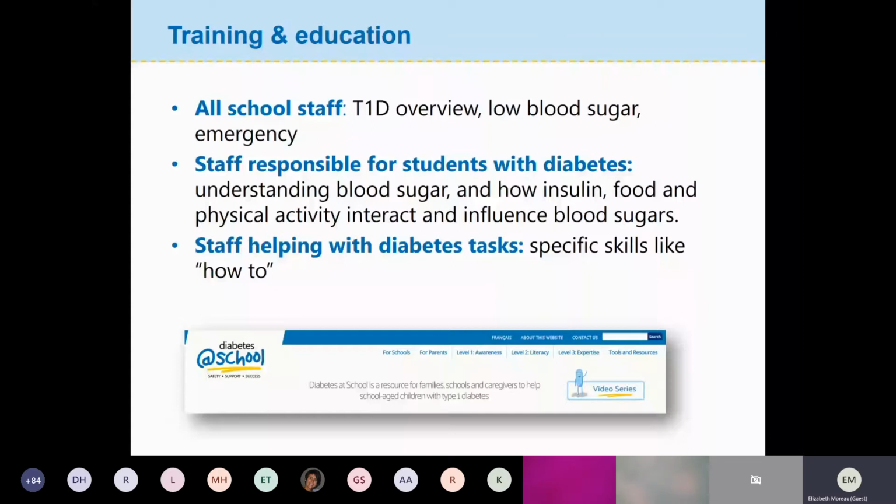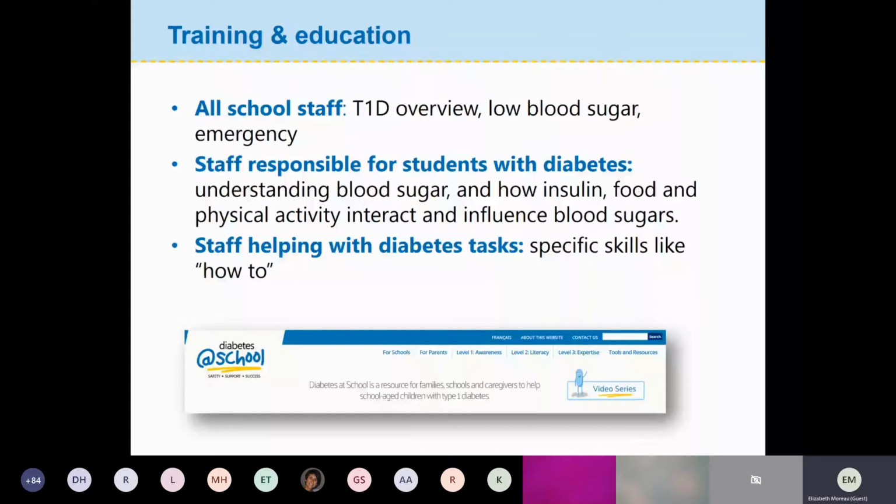I think it's really important to give people the information that they need and not too much, because it can be overwhelming to hear everything about diabetes. If you think back to diagnosis, there was just so much to learn. There's no way we can convey everything to someone at school, nor do we need to.